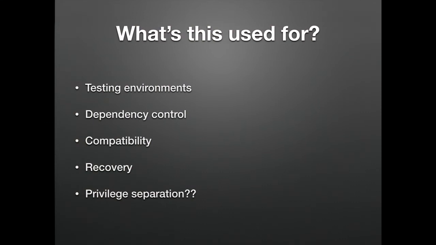So what is chroot mostly used for? It is used for testing environments, dependency control, compatibility, and recovery. For example, if you broke your Linux system and cannot boot it, you can get a live CD and boot from it, then mount the original root partition and use the chroot system call on that partition.